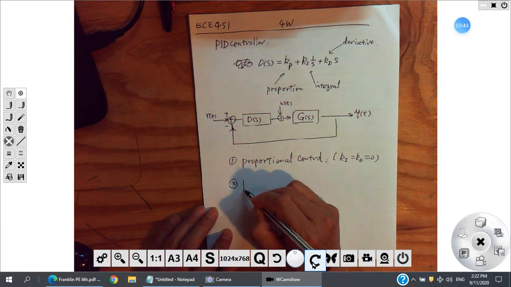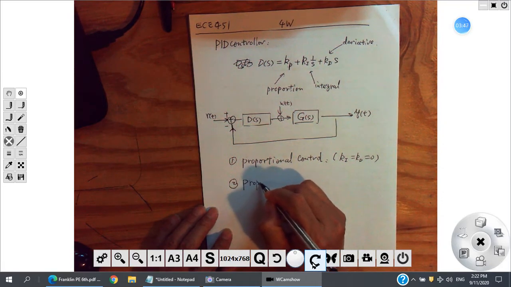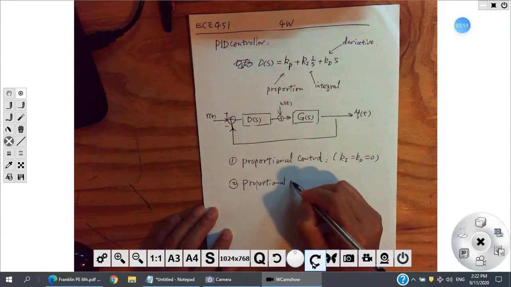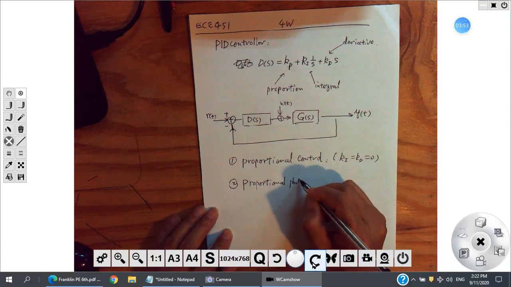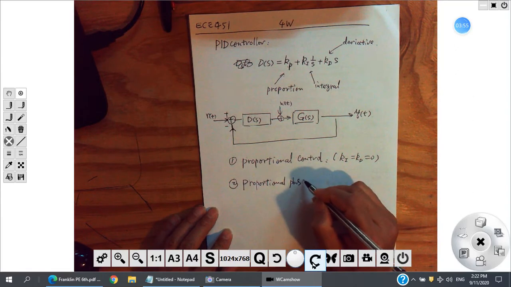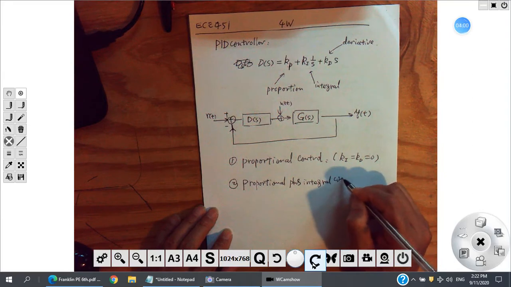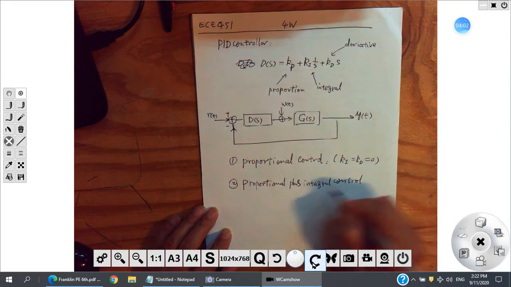And the second style is P and I, so it's proportional plus integral control. It's a PI control.